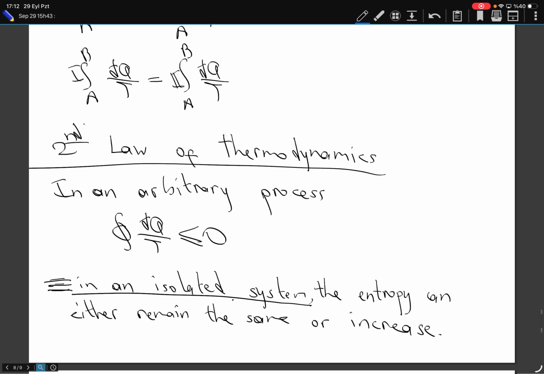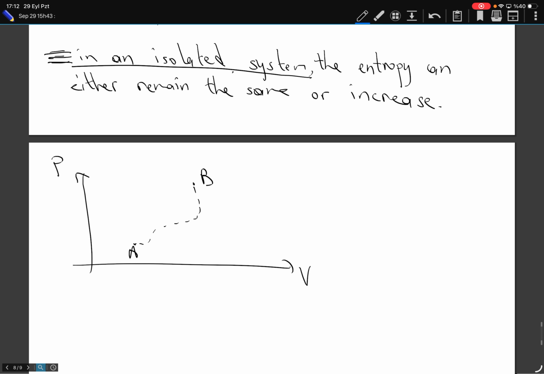So during that slow release, I can talk about the pressure. At each moment it will have a pressure, so it will follow some trajectory in the PV space. This is the irreversible part. This is the reversible. So imagine these two processes.